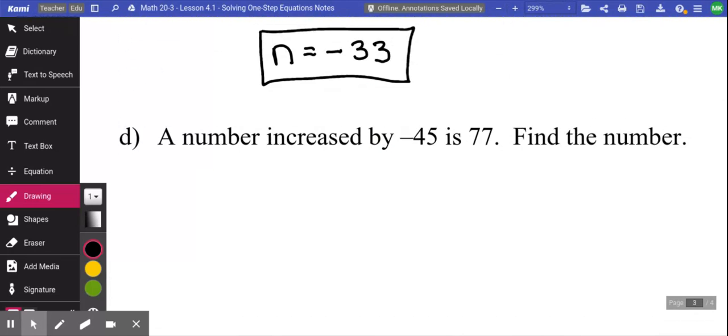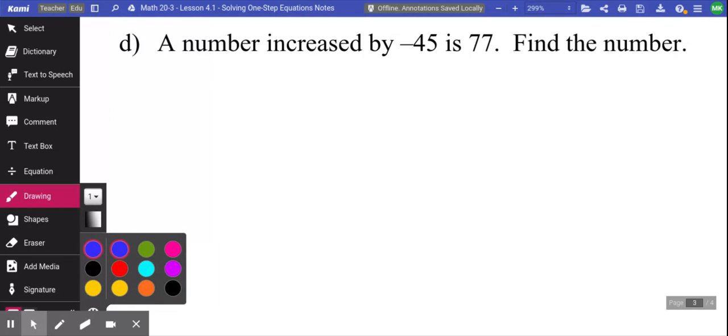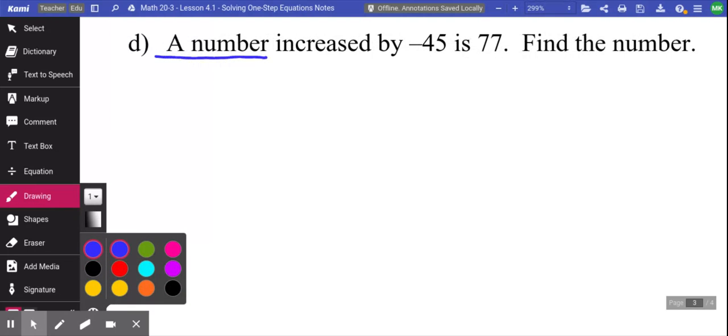Okay, if you look at D, build it as you read it. A number n increased by means add negative 45 is, means equals 77.